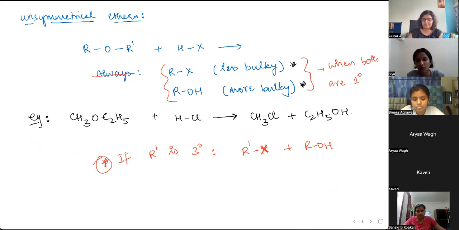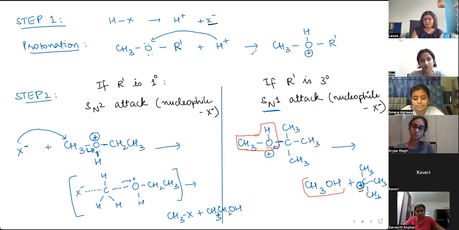Can you show this thing that you wrote, R-dash-X plus R-OH, in the example that you gave us? What is R-dash, what is R? That's why I took this example. You can take either. Okay, so you have written if R-dash is tertiary, so can you show that in this example?